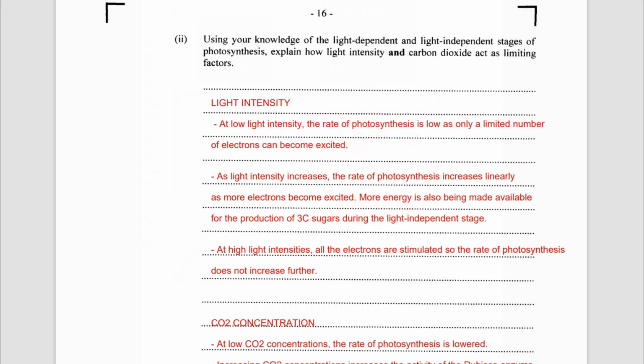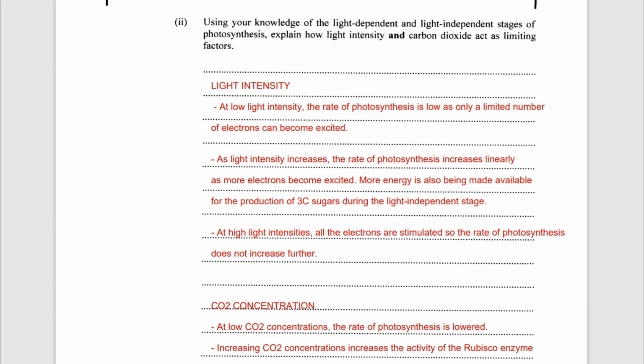Alright, so you have a kind of big question here. Using your knowledge of the light-dependent and light-independent stages of photosynthesis, explain how light intensity and carbon dioxide act as limiting factors. So with light intensity, at low light intensity, the rate of photosynthesis is low, as only a limited number of electrons can become excited.